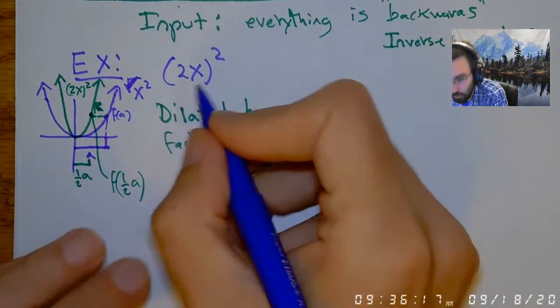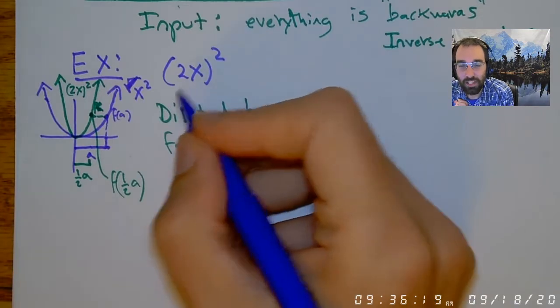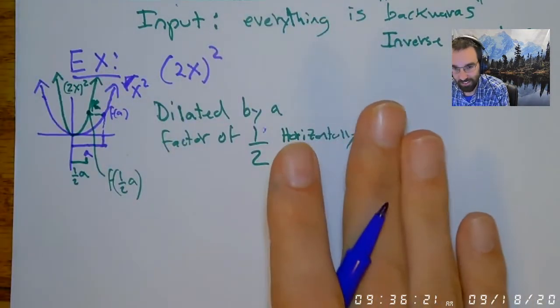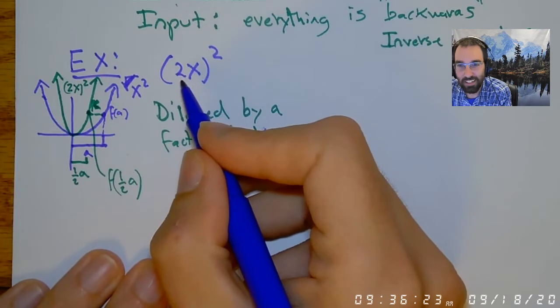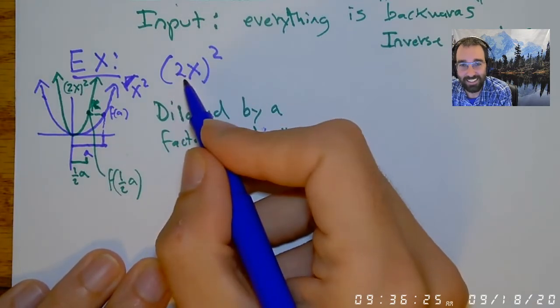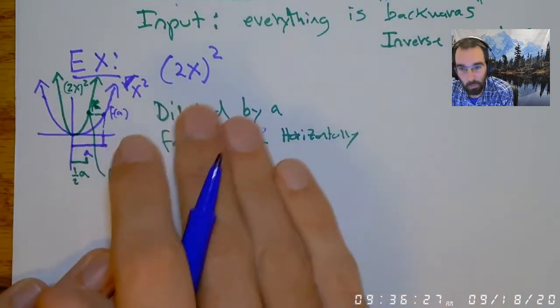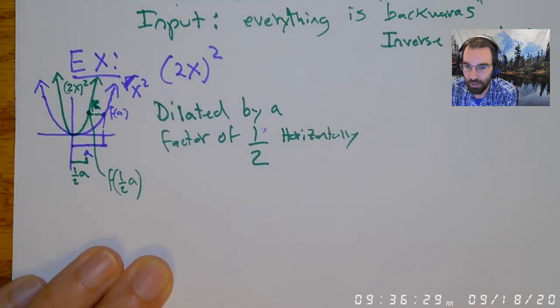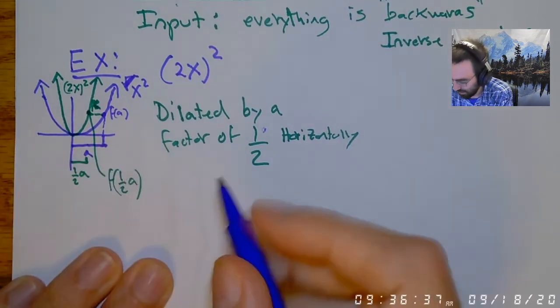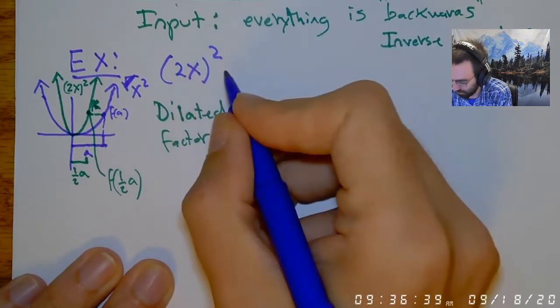All right, now what's confusing here is we could actually just say, hey, instead of writing this as a horizontal dilation, and this only works for quadratics, absolute values, cubics, and polynomials, okay? So when you get to trig, this doesn't work. But you're like, hey, I don't want to deal with the horizontal thing.